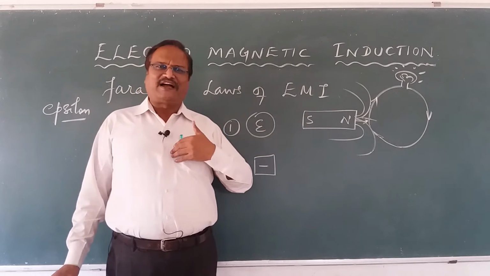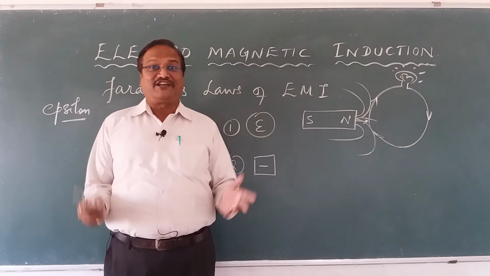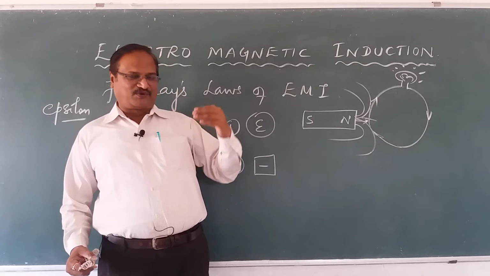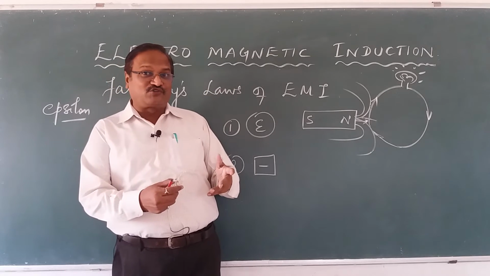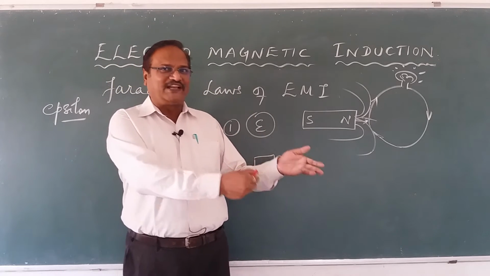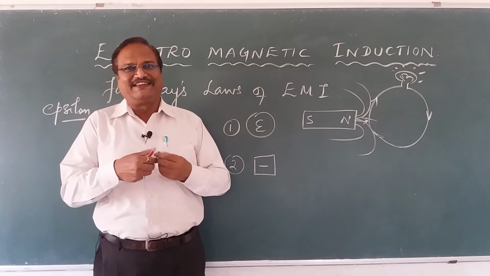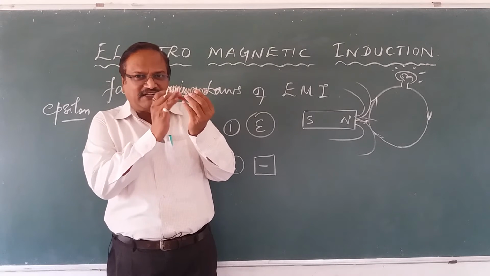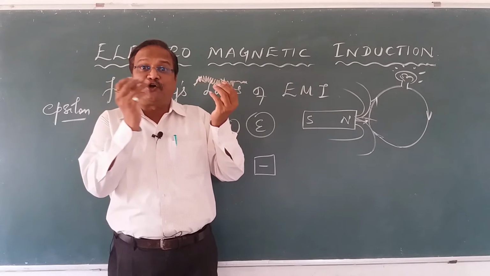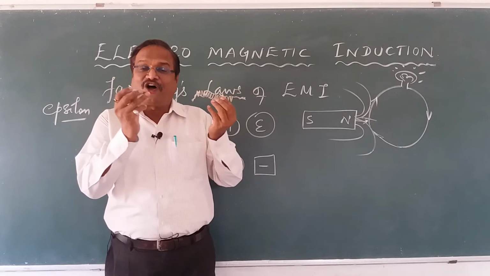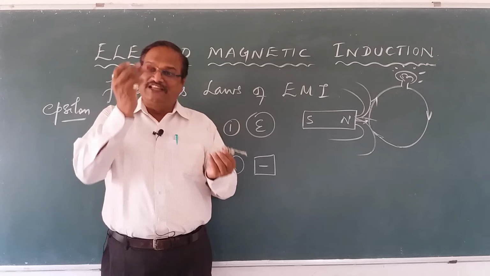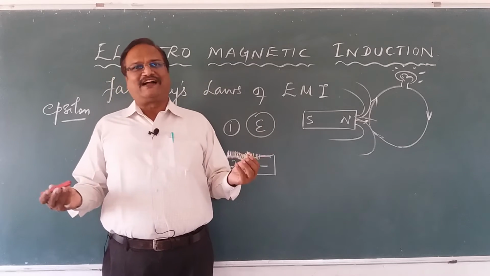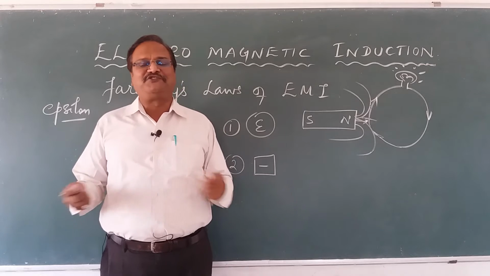Yes, what are we trying to do? As we are growing up, we oppose the parents who really produced us. Here, as Faraday says, the induced current is such that it opposes the cause that produces it. This magnet is producing and this is opposing. Yes, and that is the law of life. Nobody can change it.